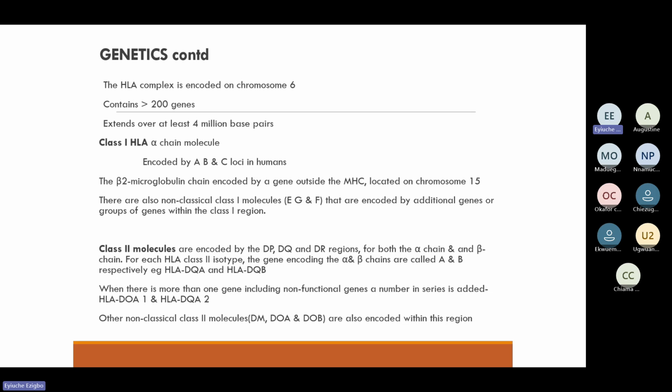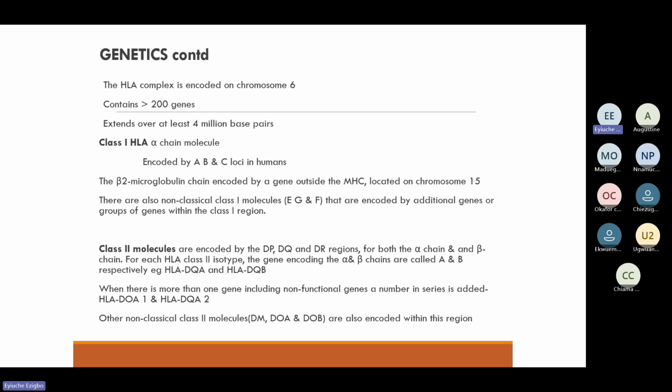Class 2 molecules are encoded by the DP, DQ, and DR regions for both the alpha chain and beta chain. For each HLA class 2 isotype, the genes encoding the alpha and beta chains are called A and B respectively. For example, HLA-DQA, HLA-DQB.